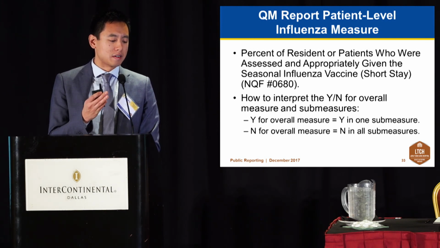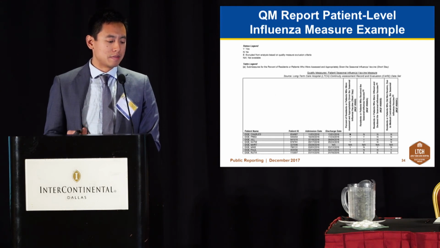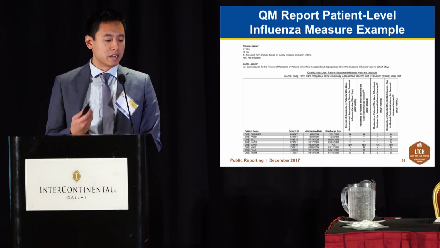included. So you have either the patient received the vaccination, or the patient was offered and refused the vaccination, or the patient had a medical contraindication to the seasonal influenza vaccination.